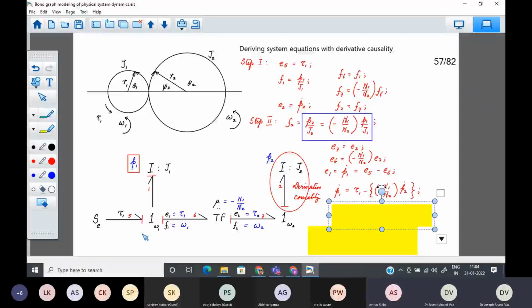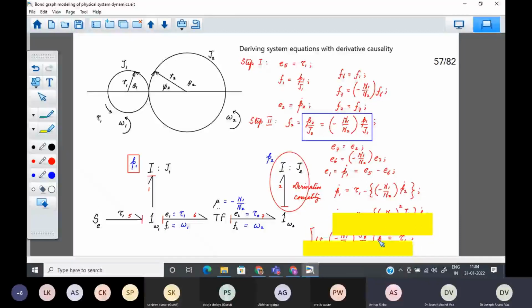So effort 5 is tau 1 minus effort 6. Effort 6, we have already seen it's minus N1 by N2 into effort 5. So effort 6 can be written as minus N1 by N2 times P2 dot.